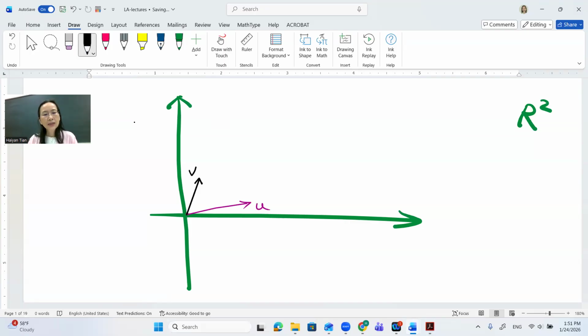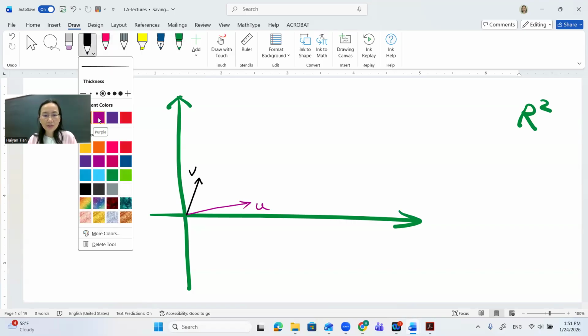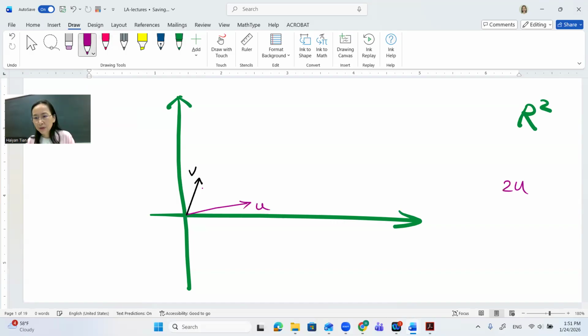Okay, so suppose I want to draw another vector, 2u plus 3v. So let's draw the 2u. The 2u will be twice as long as u, just from the geometric point of view. So the goal is I want to produce a vector 2u plus 3v, right?